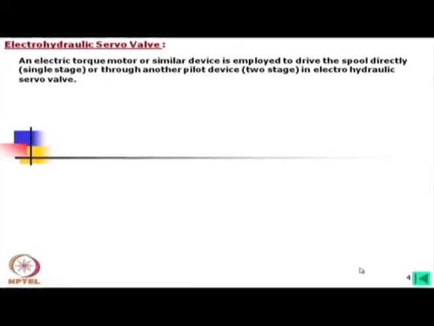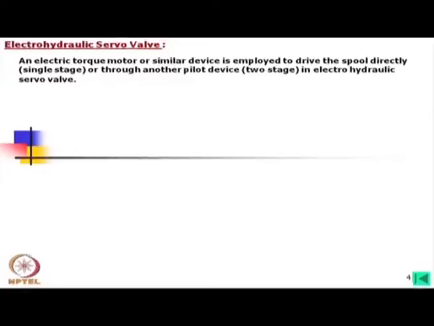If we consider the electro-hydraulic servo valve, in that case an electric torque motor or similar device is employed to drive the spool directly, that means single stage, or through another pilot device, which is two stage.